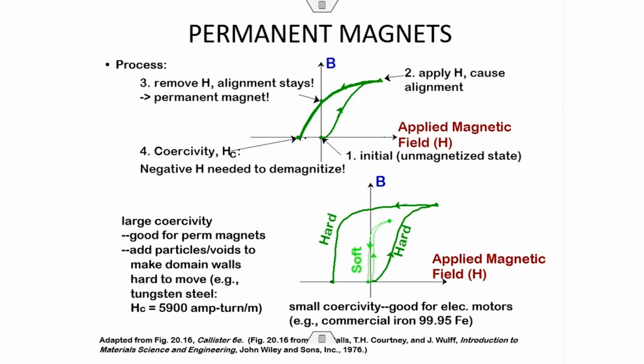The material will not go to a completely demagnetized state unless you apply a negative value of H. Only by applying minus H can you make B 0. This is what is known as coercivity. So, coercivity is the negative H needed to demagnetize the material. And this value is known as the remnant magnetism.